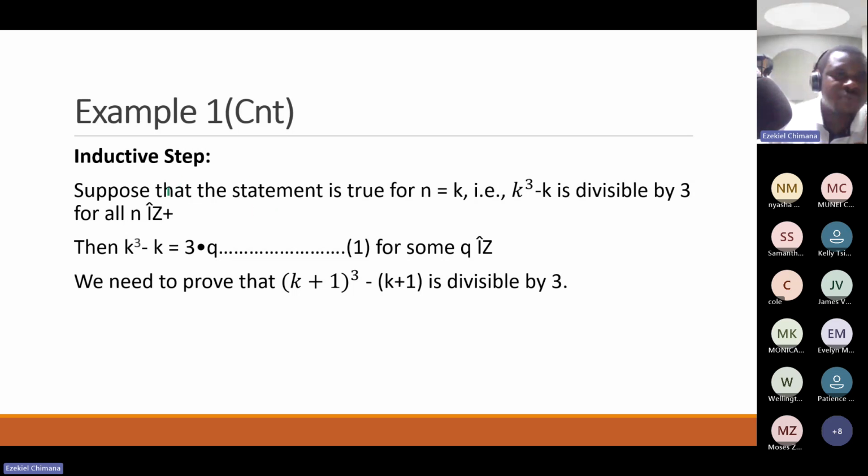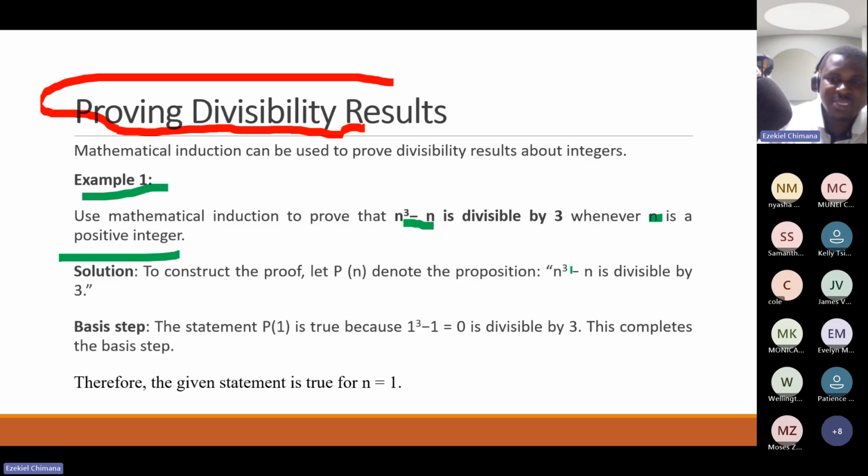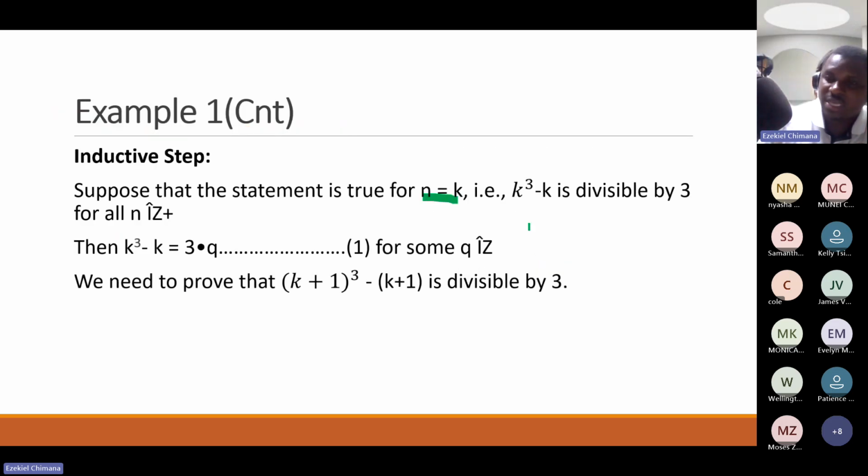So for the inductive step, suppose that the statement is true for n equals k, which means k cubed minus k is divisible by 3. So if a number is divisible by 3, remember it will be in the form of 3 times q. Why? Because q will be the factor, the number of times that 3 can go into here. So it will be in the form of 3 times q. So you mark this equation. You need to use this equation when you're doing divisibility.